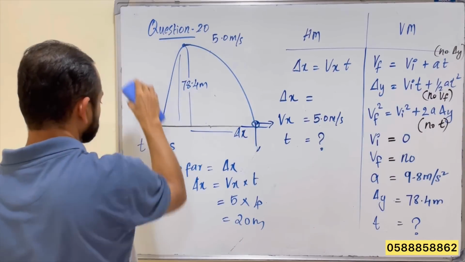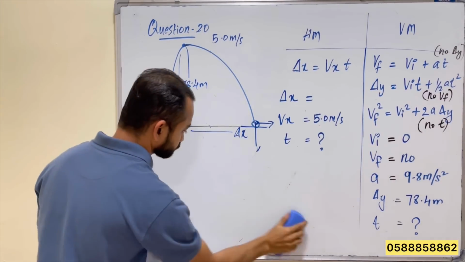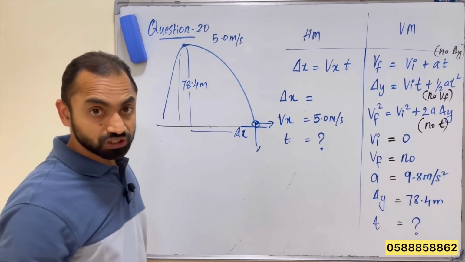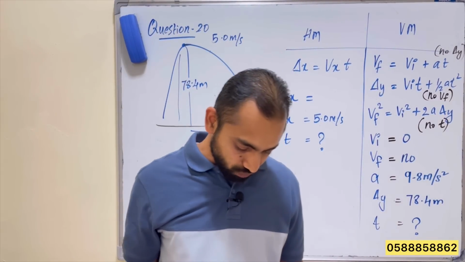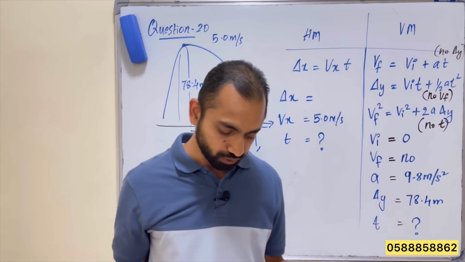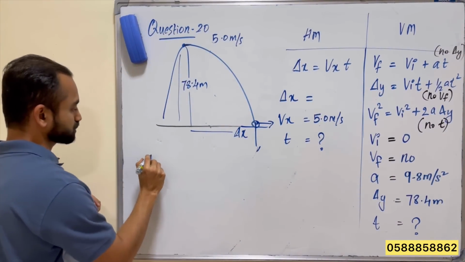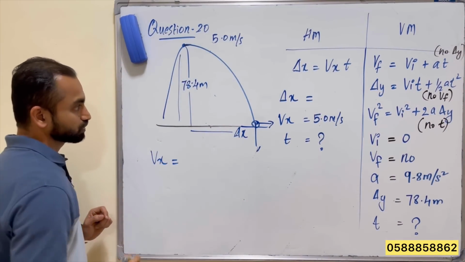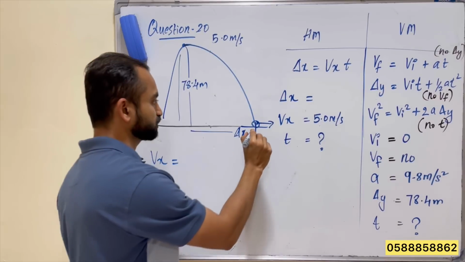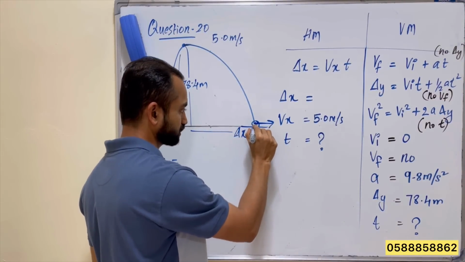Done. Then question C. What are the horizontal and vertical components of the stone's velocity just before it hits the ground? So what is the horizontal velocity Vx when the ball reaches the ground?